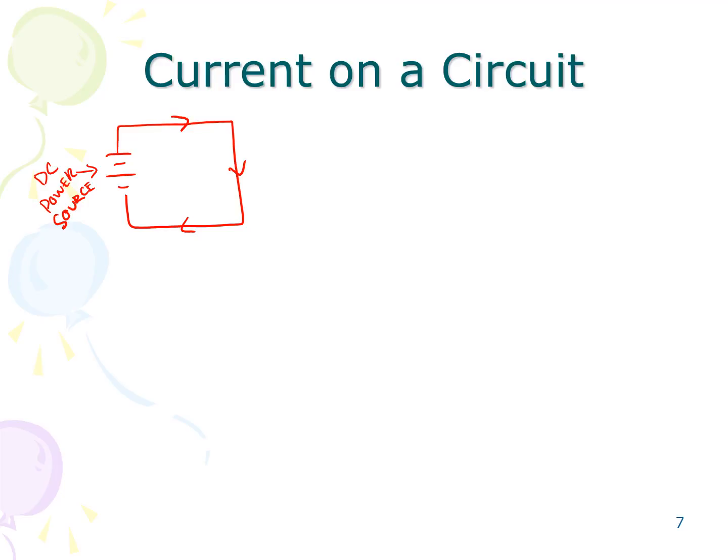And so current would go in this direction, and it has an I associated with it. And there's going to be a set current, so it's just going to be a number. Whereas in an AC circuit, usually the AC power source looks a little bit like that. It has a sine wave inside that circle. And this would be an example of an AC circuit.